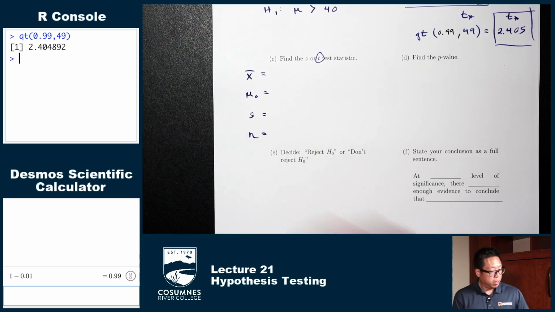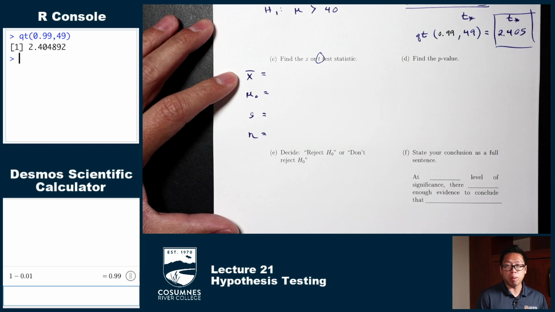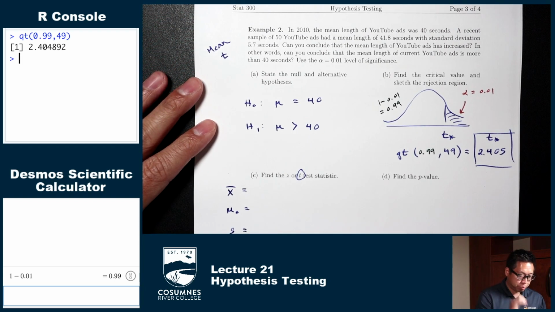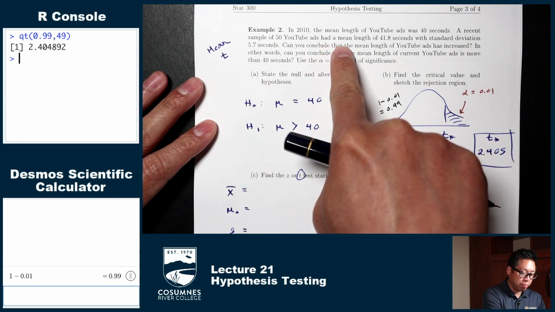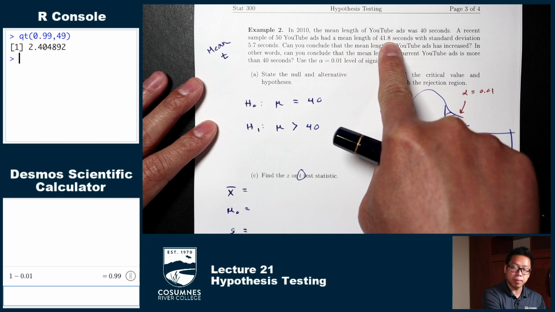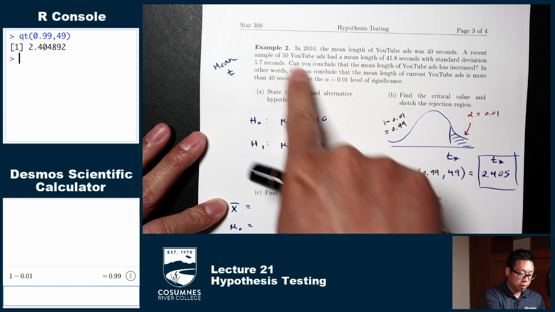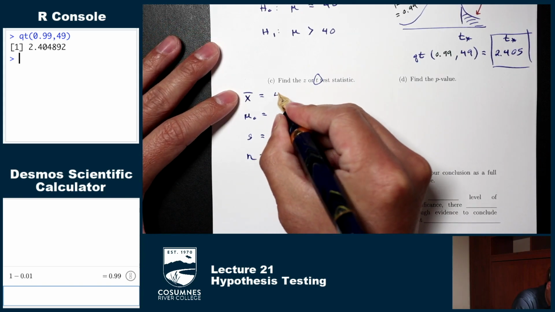X bar is the mean from our sample. So what is the mean from the sample? A recent sample of 50 YouTube ads had a mean length of 41.8. So x bar is 41.8.